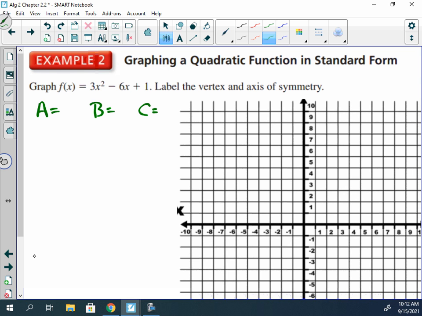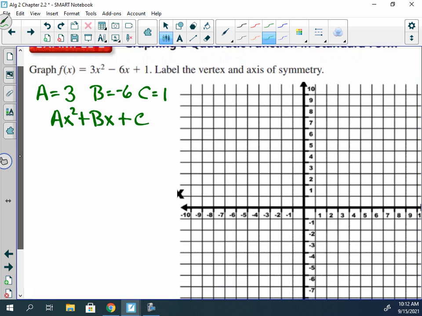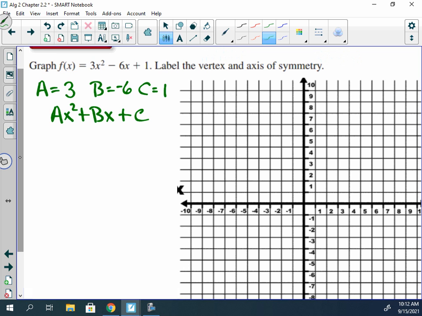What is the value of a? 3, negative 6, and 1. Because what is the general form? ax squared plus bx plus c. So we just get 3, negative 6, and 1 from the formula that it gave us.